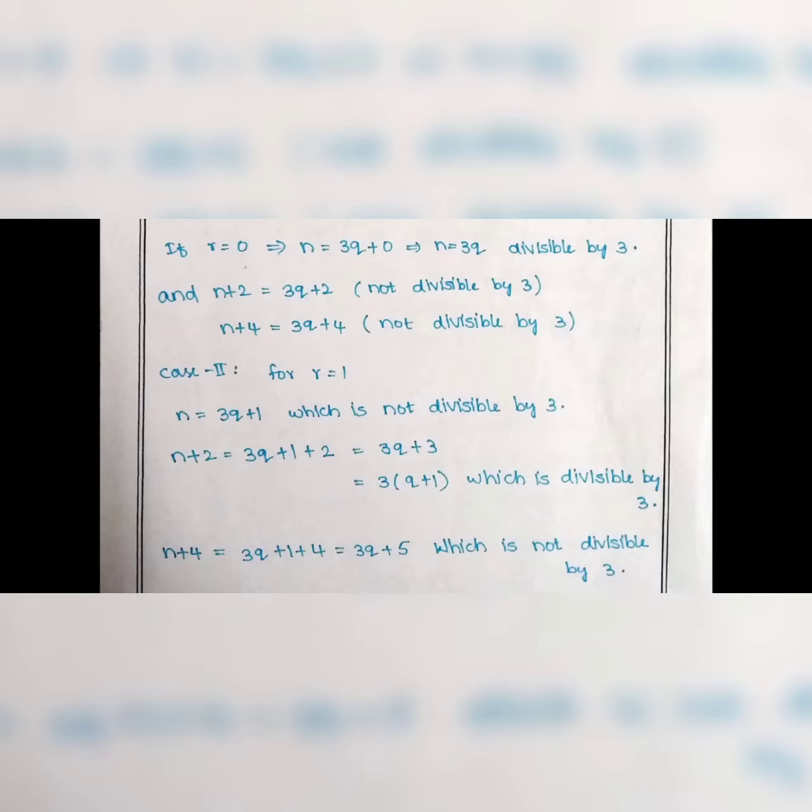If we see this, it is divisible by 3. The next thing is n plus 4: 3q plus 1 plus 4, which is 3q plus 5, not divisible by 3. Out of these three things, n plus 2 will be divisible by 3.